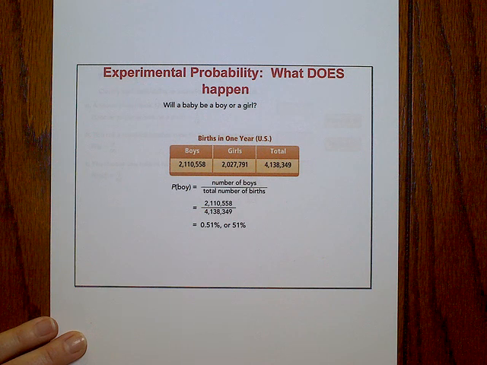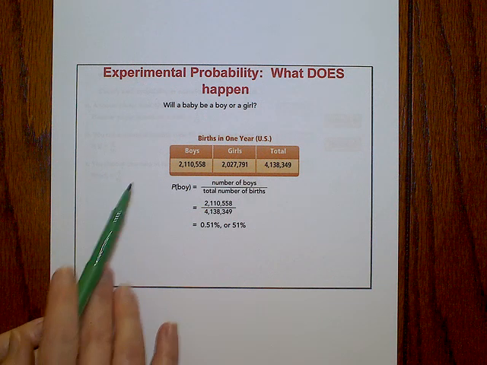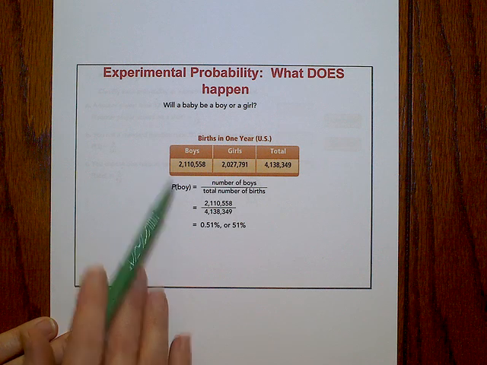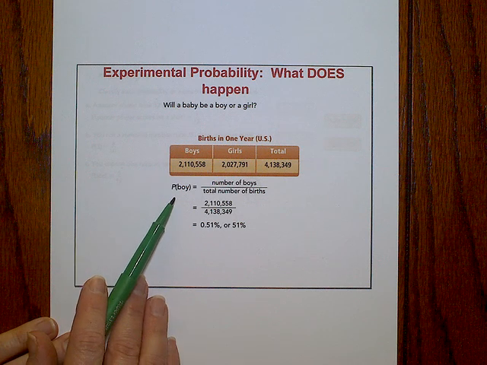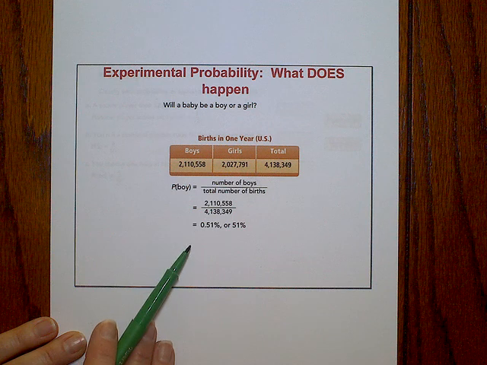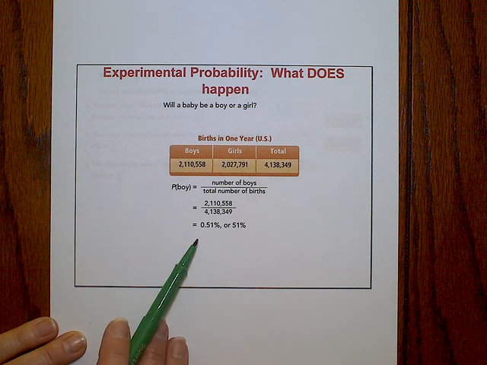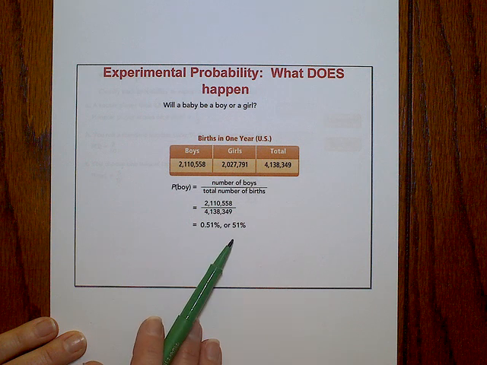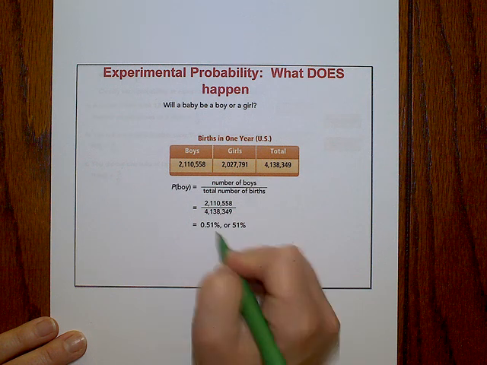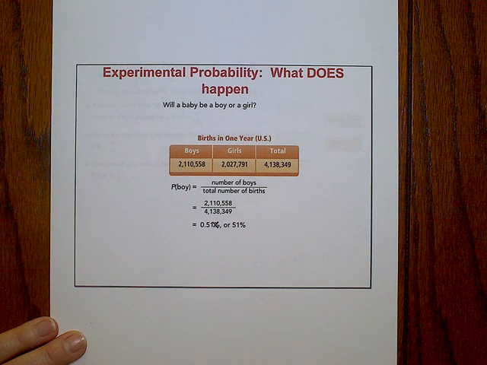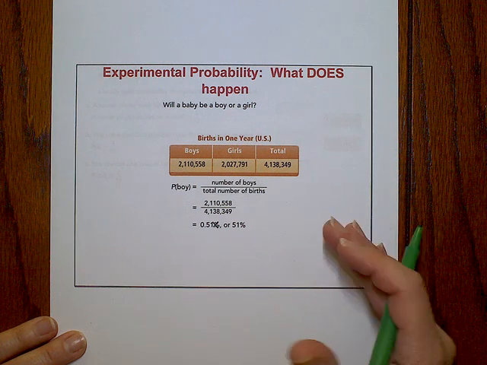If we look at the data collected in 1 year and find the probability of it being a boy, you'll find that the percentage is not 50%, but actually 51%. And there's a typo on here, there shouldn't be a percent sign. So this is what really happens.